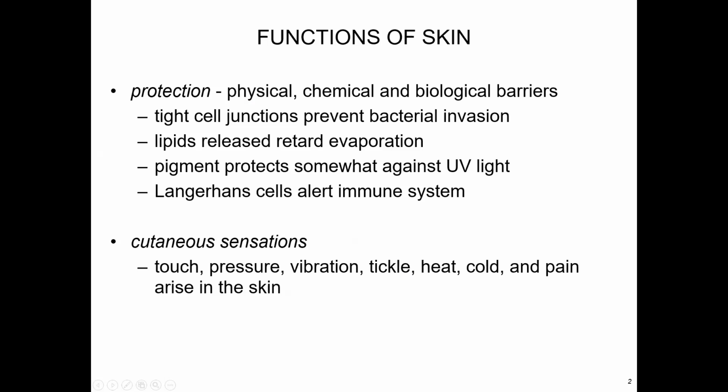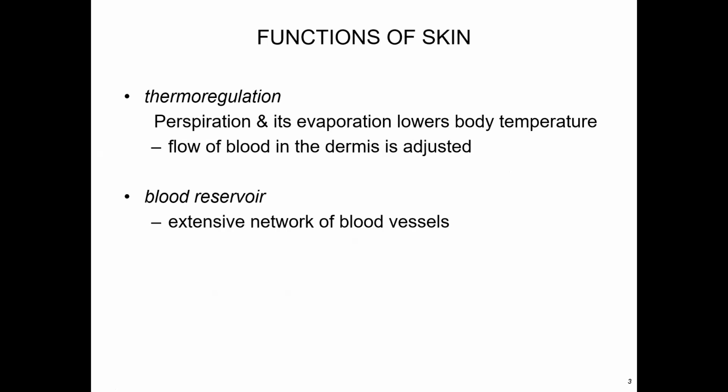So in NP2, we'll expand on this Meissner corpuscle, Pacini corpuscle duo. Here we just state that through our integumentary system, we can detect a good number of changes in our environment, and therefore we can take action to preserve homeostasis.